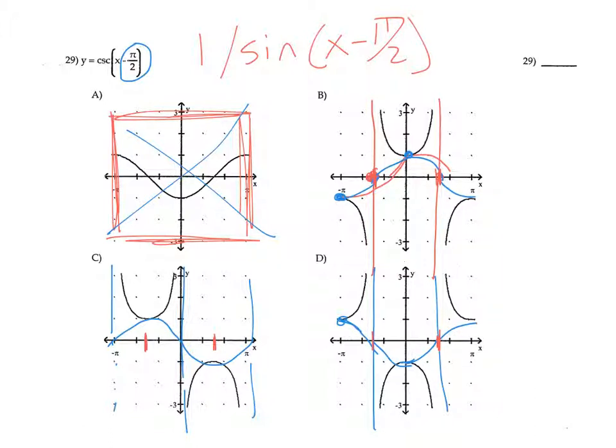Let's see here. Pi over 2 to the right. I've made so many marks here, I'm not even sure.